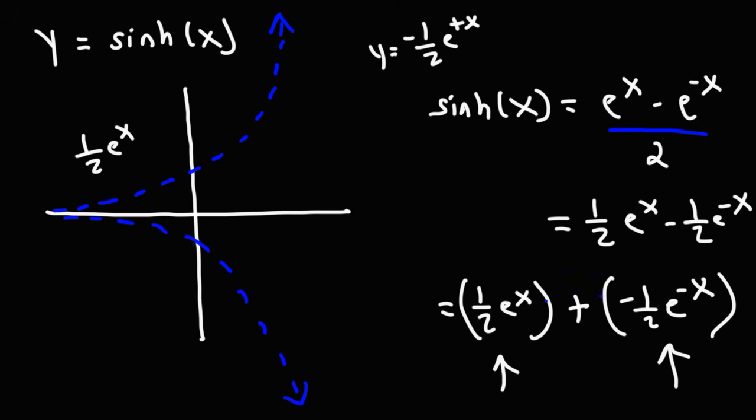Now, if we were to plot negative 1/2 e to the negative x, add in this negative relative to this function, what's going to happen is we're going to reflect over the y-axis. So instead of this graph going this way, it's going to be going that way, like this.